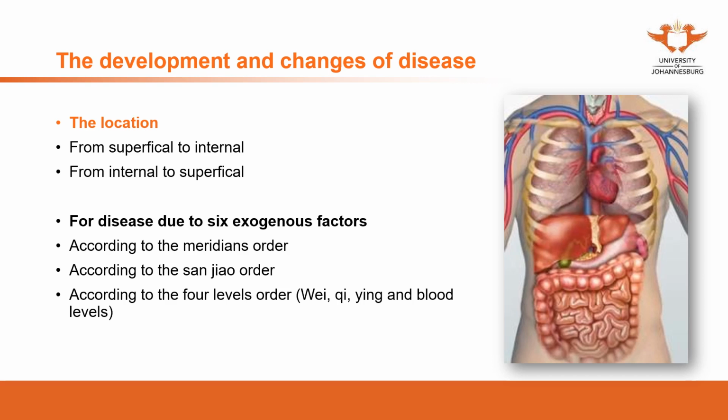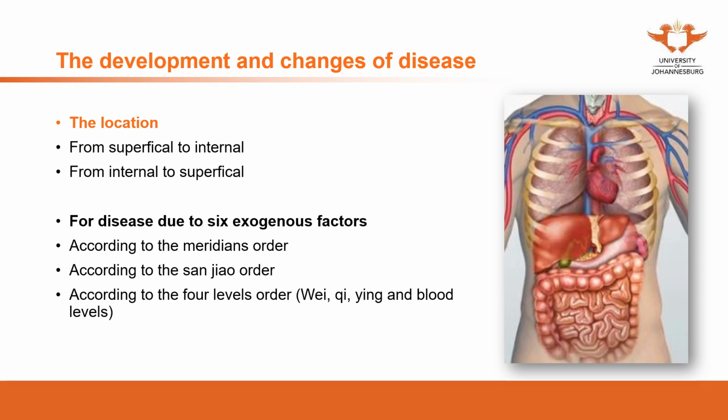The second one is that diseases due to exogenous factors can develop according to the meridians' order. This meridian order is actually the order from the Shanghan Lun. That's our classic.